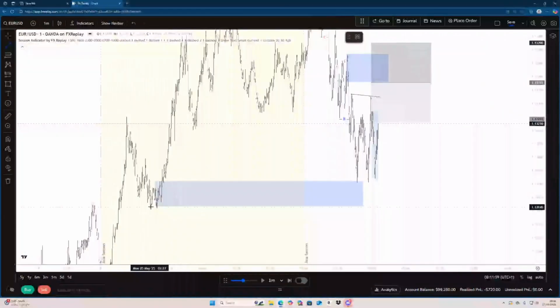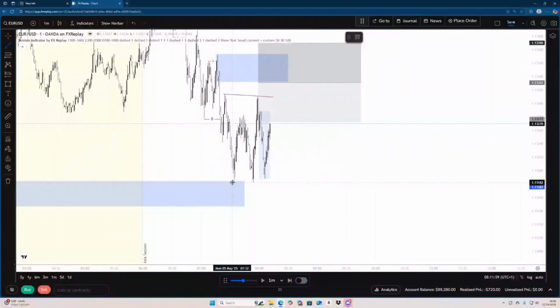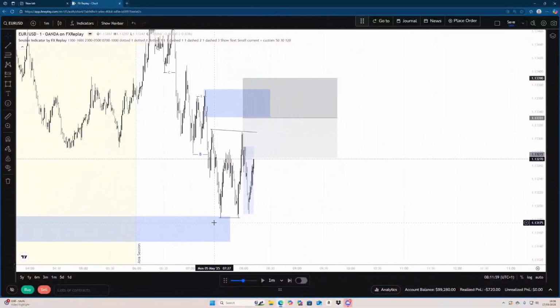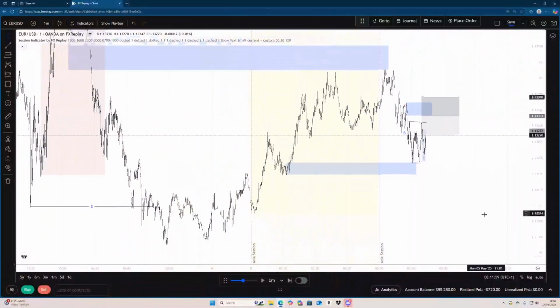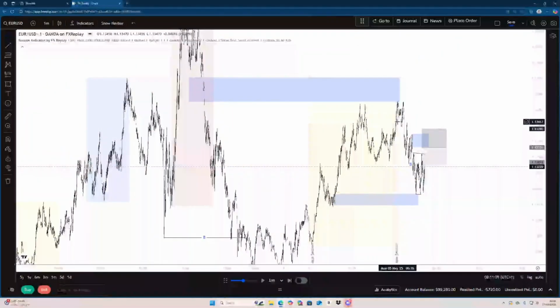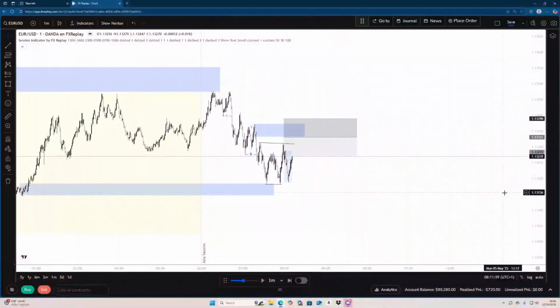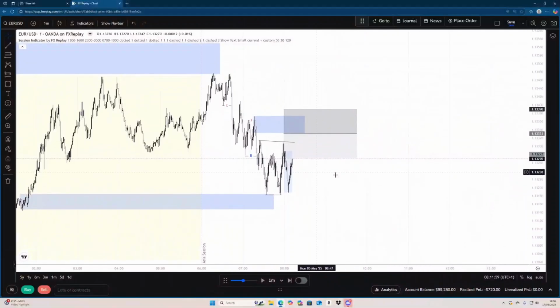I wouldn't know if it's an inducement. I'm going to say this is equal lows here as well. So we have this liquidity cycle supply. After Frankfurt, sorry, we had a sweep of the Asia high, and in Frankfurt we had this minor inducement with the breaker structure.